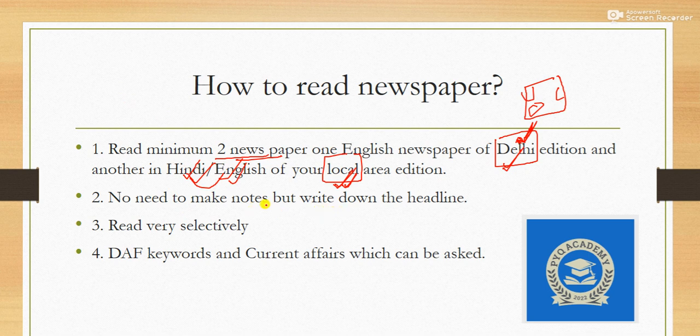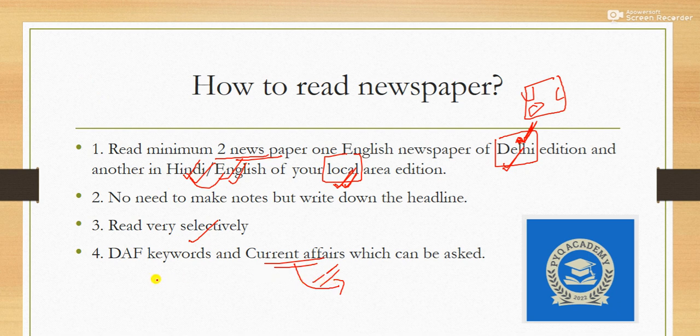Suppose you are going through the newspaper. First of all, you have to go for very selective reading. You read only those news items which have some relation to current affairs and which can be asked. If there is something in current affairs which cannot be asked, then leave it.